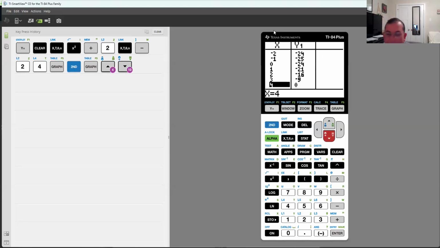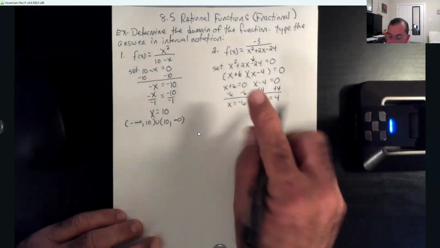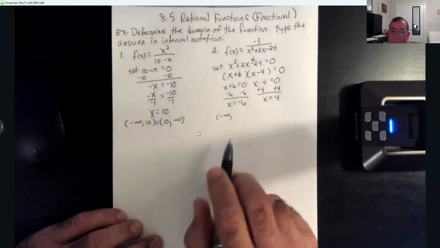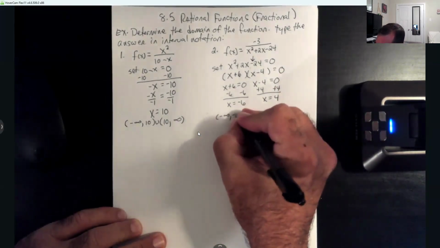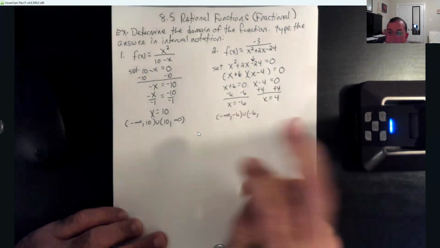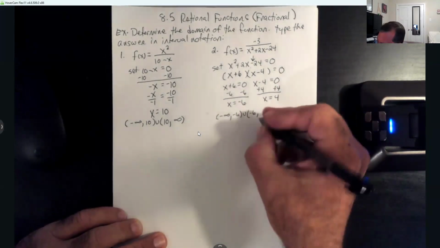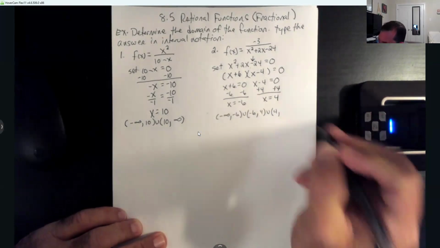So either way, you have to do that to solve it. Now you have to put this in interval notation. You start at negative infinity. The first number I have to kick out is -6, so I put a union around that -6. The next number I have to kick out is the 4, so I put a union around that 4.